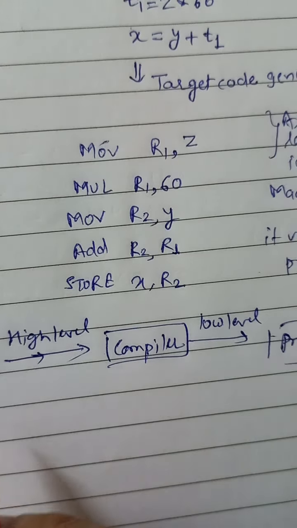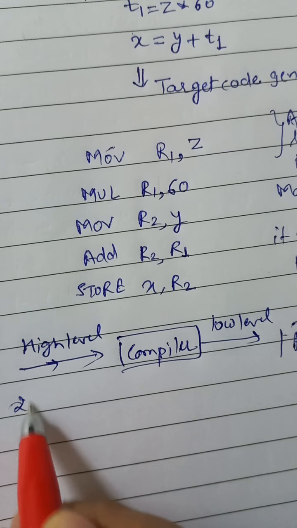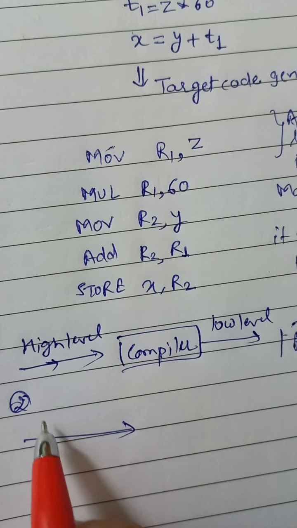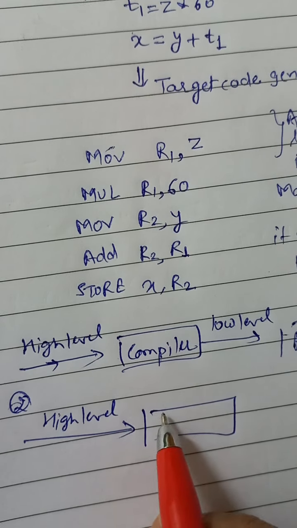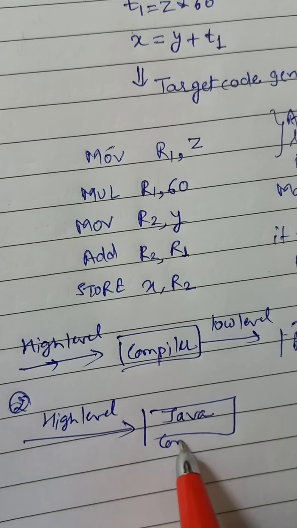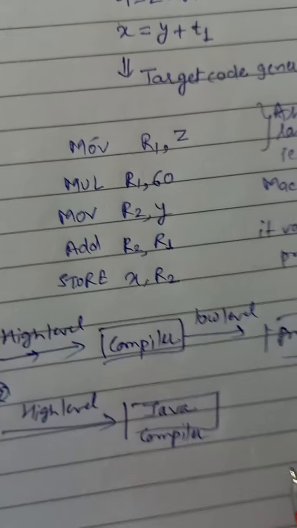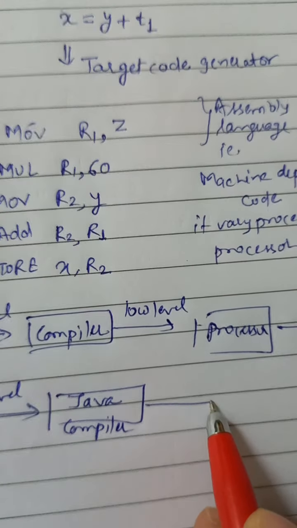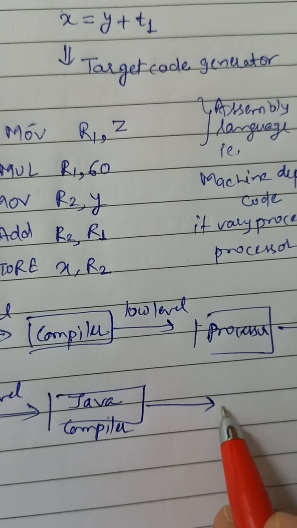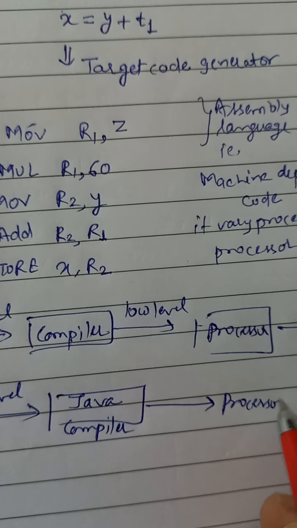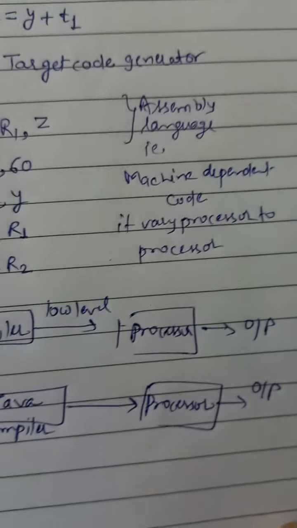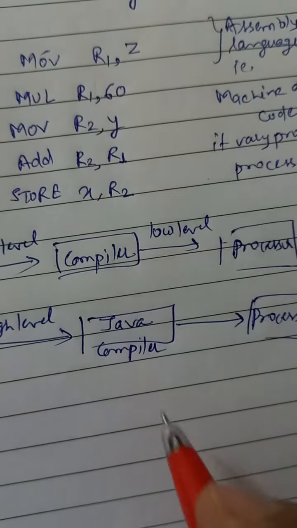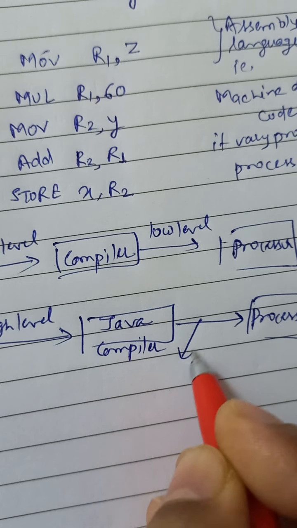Or the second way of doing this is the same high level language converted through the Java compiler, and then through the processor we are getting the output.